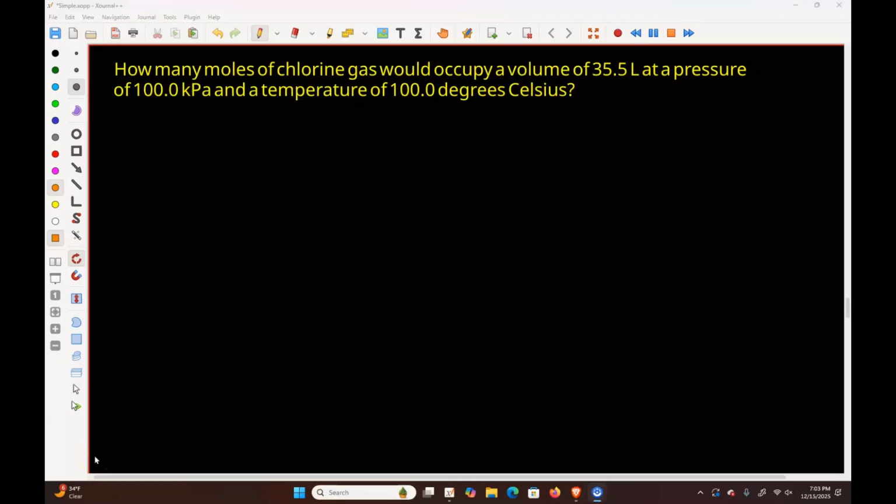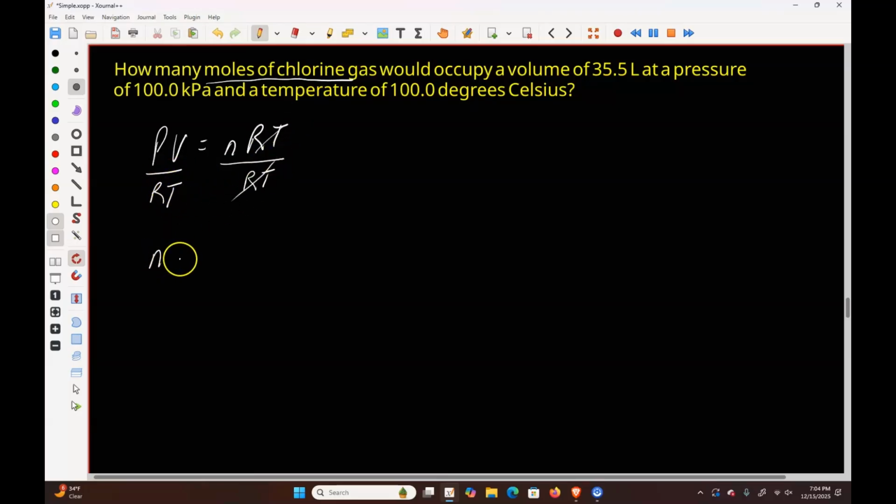How many moles of chlorine gas would occupy a volume of 35.5 liters at a pressure of 100 kilopascals and a temperature of 100 degrees Celsius? So I'm looking for moles. All right, so PV equals nRT. I'm going to divide both sides by RT. So moles is equal to PV over RT.